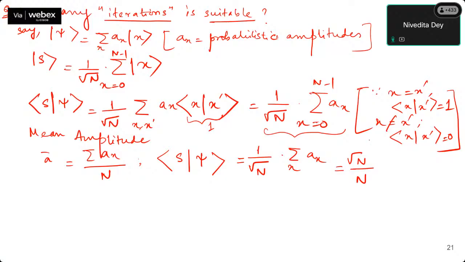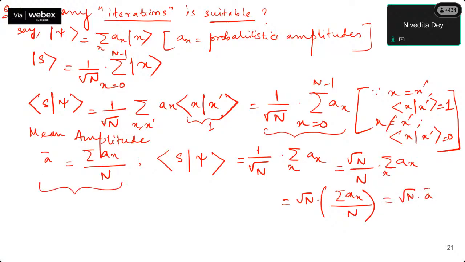Cutting root n, the denominator is root n, then sigma ax, and sigma ax by n is my a bar. So this is root over n into a bar. This is a small step I am doing: this product, in terms of the mean amplitude, looks like root over n into a bar.